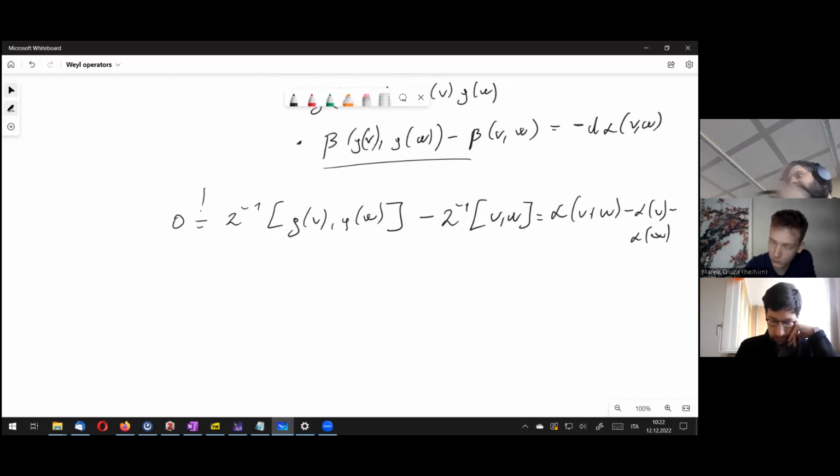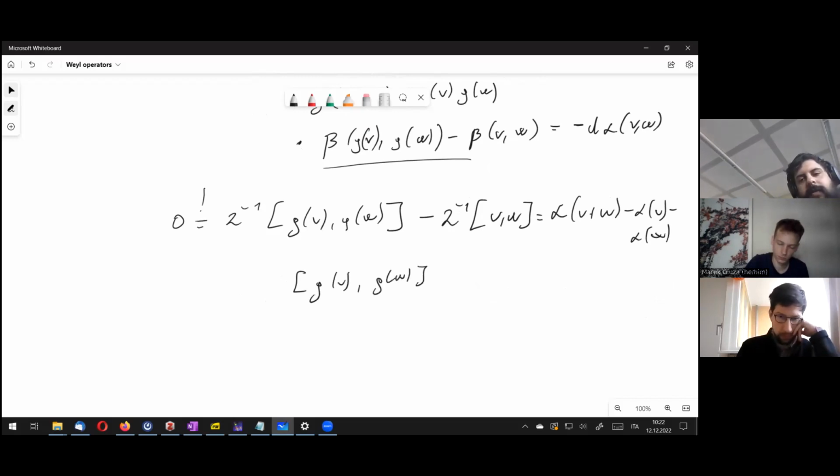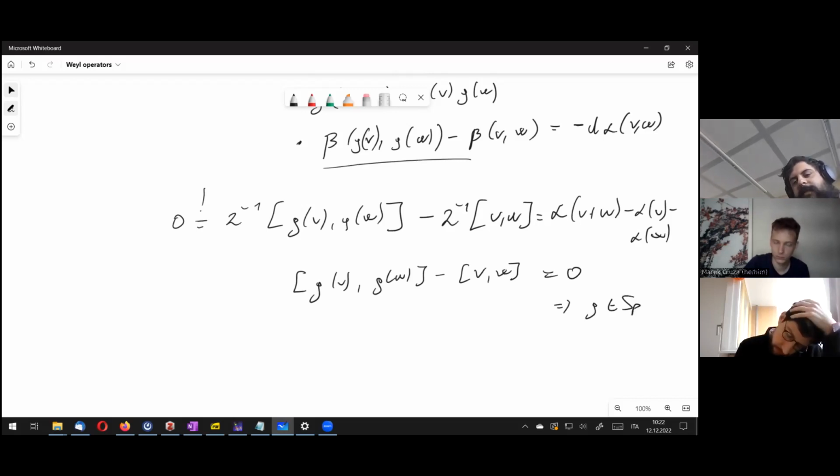And now if we look separately at these two basically two equations, we have the first is that G B G W minus BW is equal to 0. And this implies that G is a symplectic matrix.